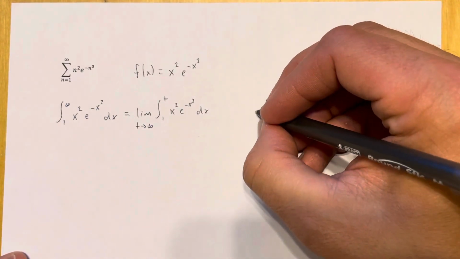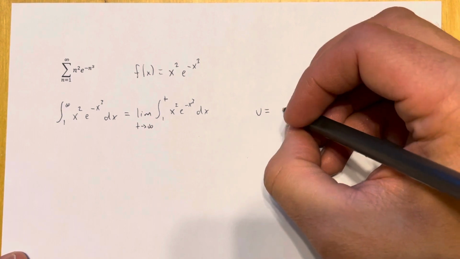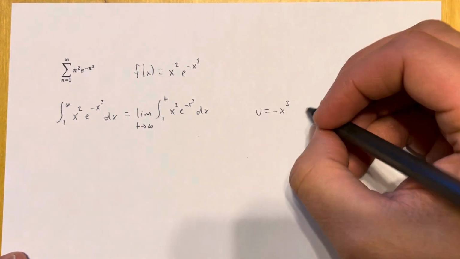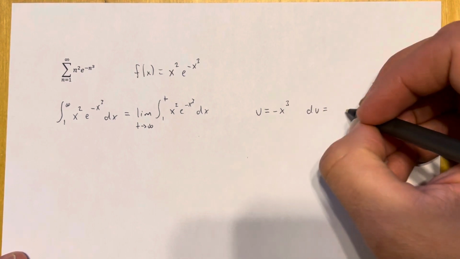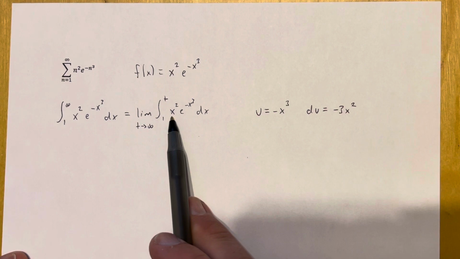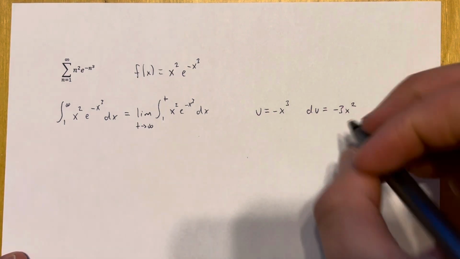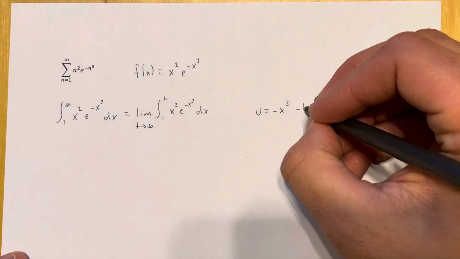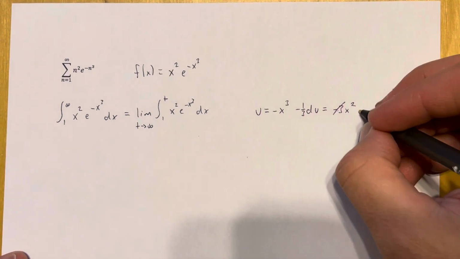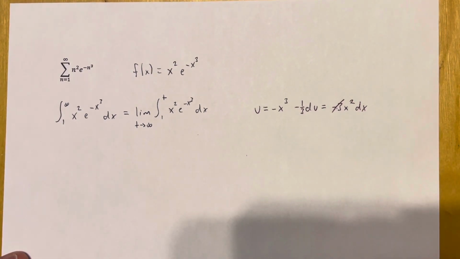There is a very obvious u substitution that I can use here. u is equal to negative x cubed, which means du is negative 3x squared dx. And I don't have a negative 3x squared, but I do have an x squared. So if I change this to say negative 1/3 du, now I have the x squared, and I need to remember my dx in there also. So here's where I get to use a u substitution.